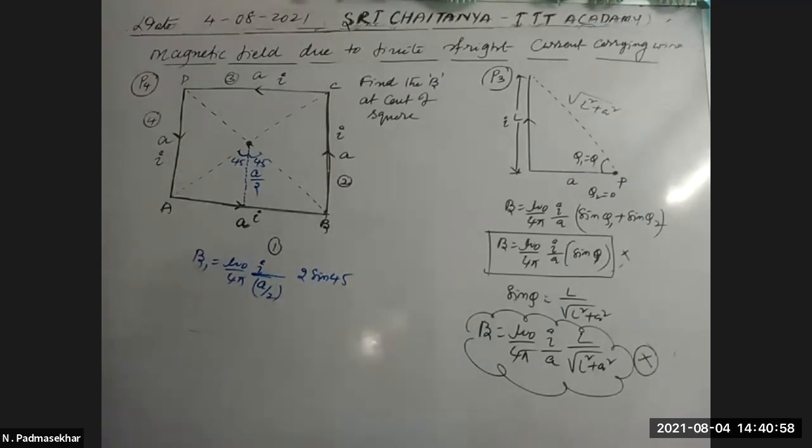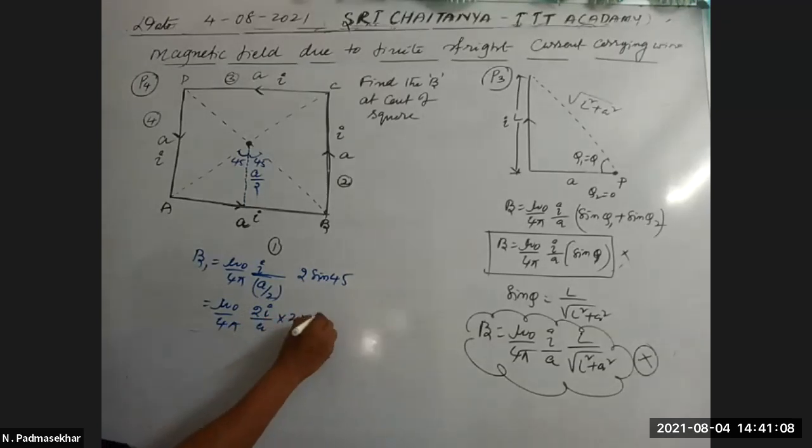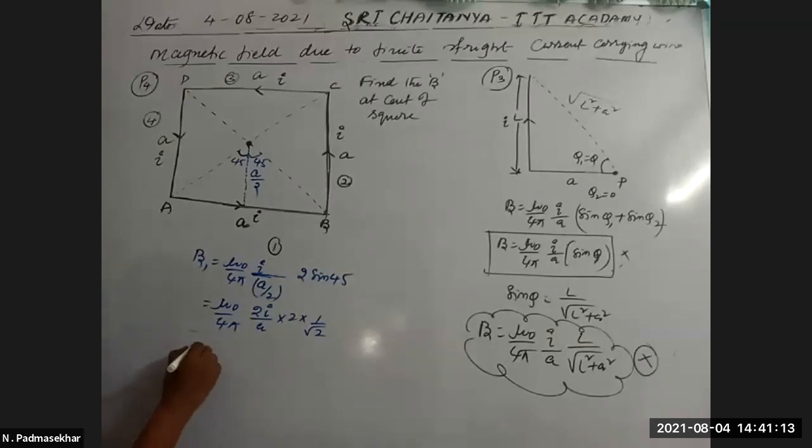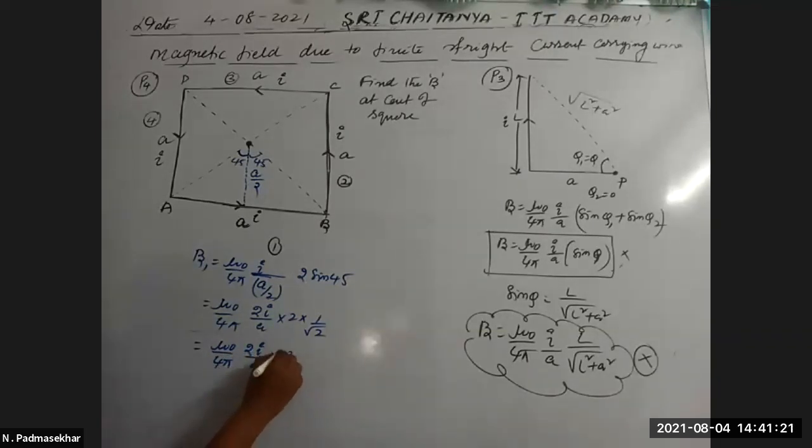So this is mu naught by 4 pi into 2I by A into 2 sine 45, which is root 2. So B1 is equal to 2 root 2 mu naught by 4 pi I by A.